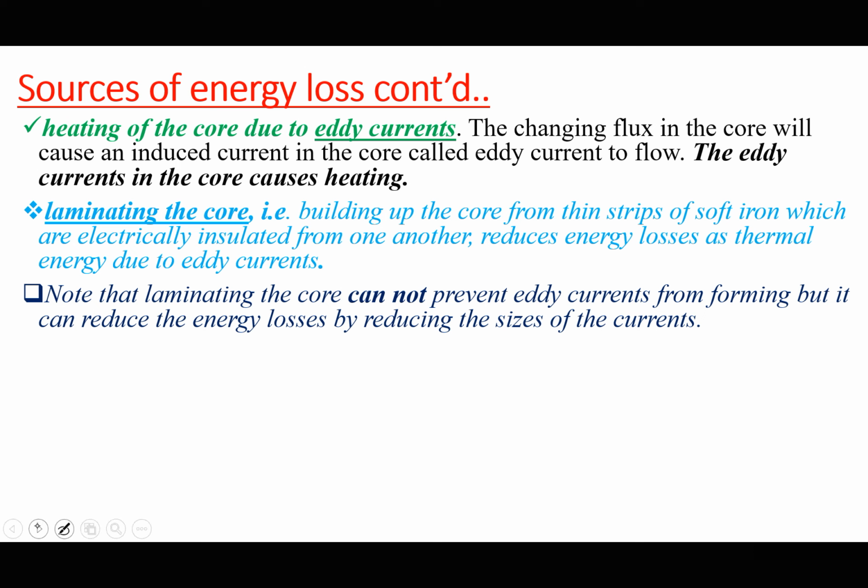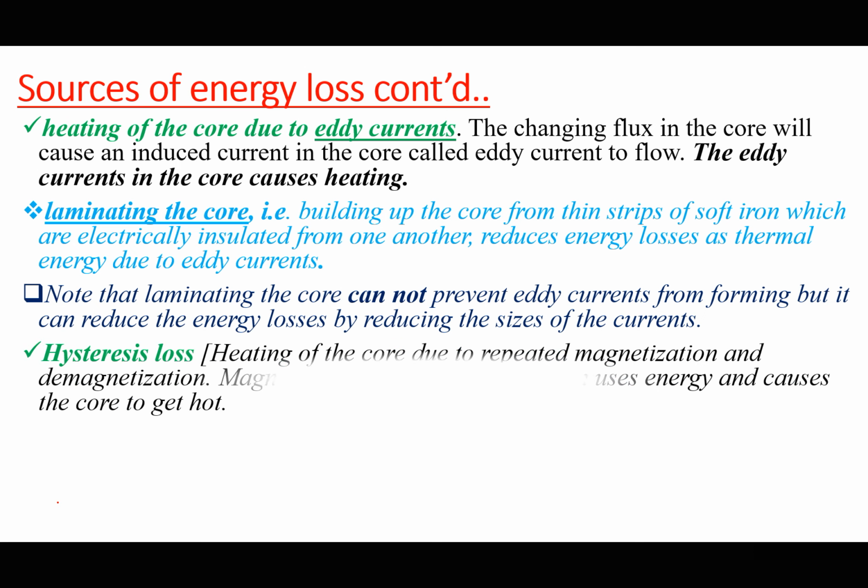Number four, and the last one, is going to be hysteresis loss. During the generation of induced EMF, which is alternating, there is continuous magnetization and demagnetization of the core as the magnetic field keeps changing direction. The magnetic flux linkage grows to the maximum and then falls to zero as there is a change in direction.